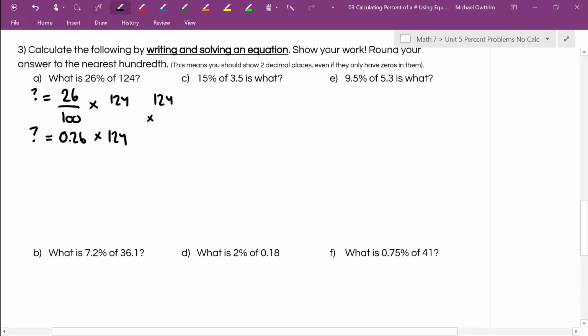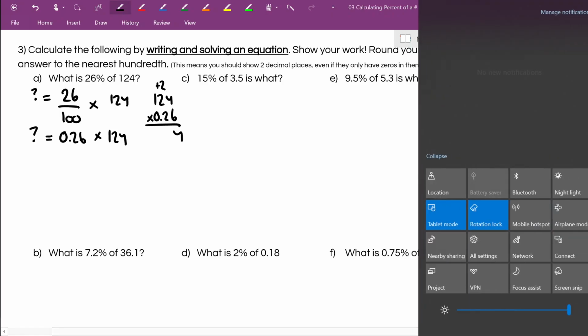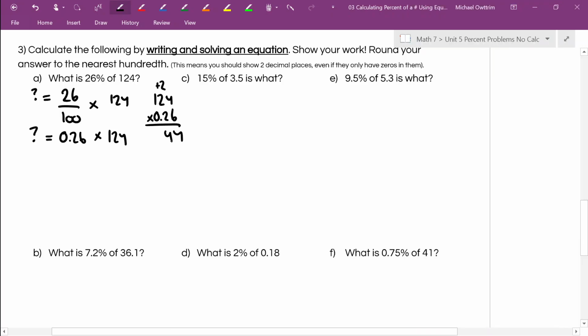124 times 0.26. 6 times 4 is 24. 12 plus 2 is 14. 6 times 1 is 6, plus 1 is 7.